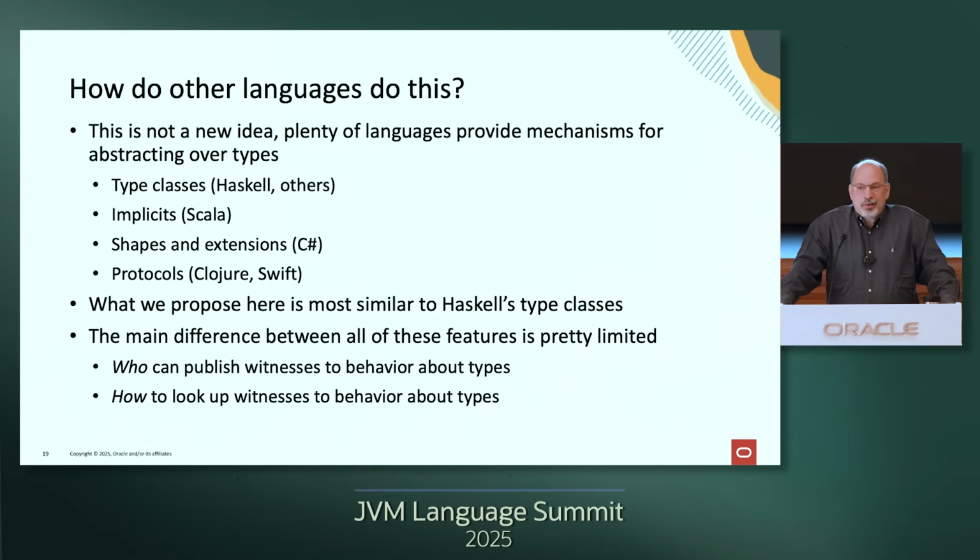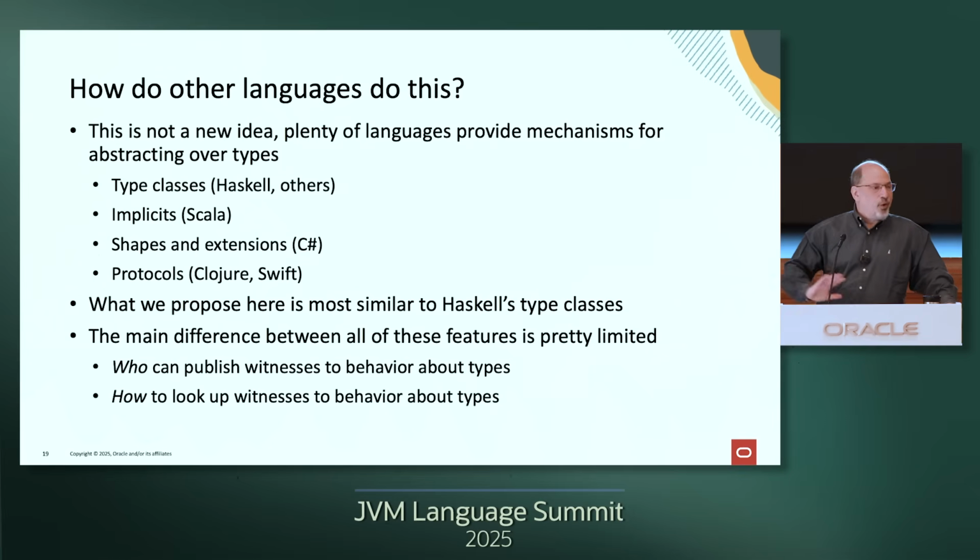C# and Kotlin are both going through their own set of explorations of this. I think the latest name for the C# version is shapes and extensions. They've changed the name several times. A couple other languages have a notion of protocols that can be defined externally to the definition of a type. And all of these are dancing around the same basic puzzle, which is, how do I abstract over the behavior of types without it being part of the definition of a type?